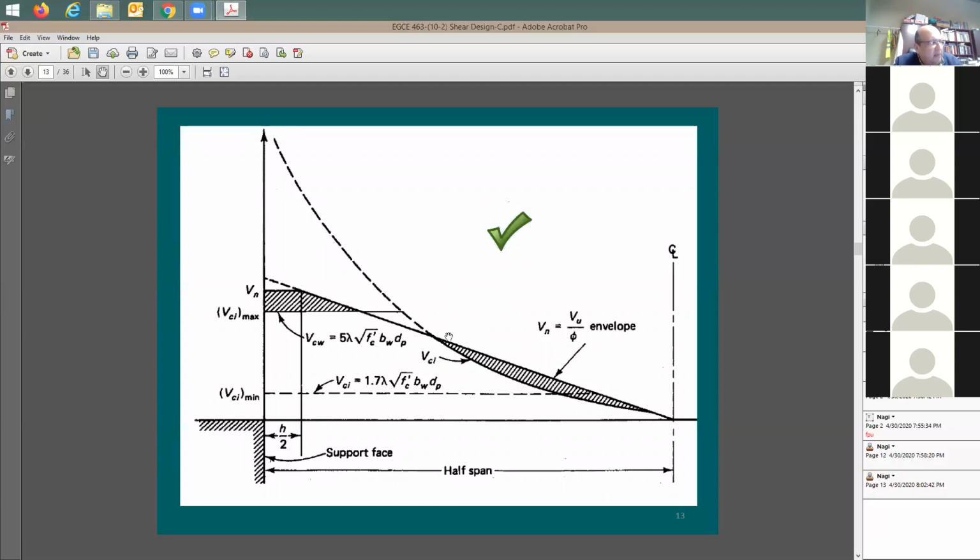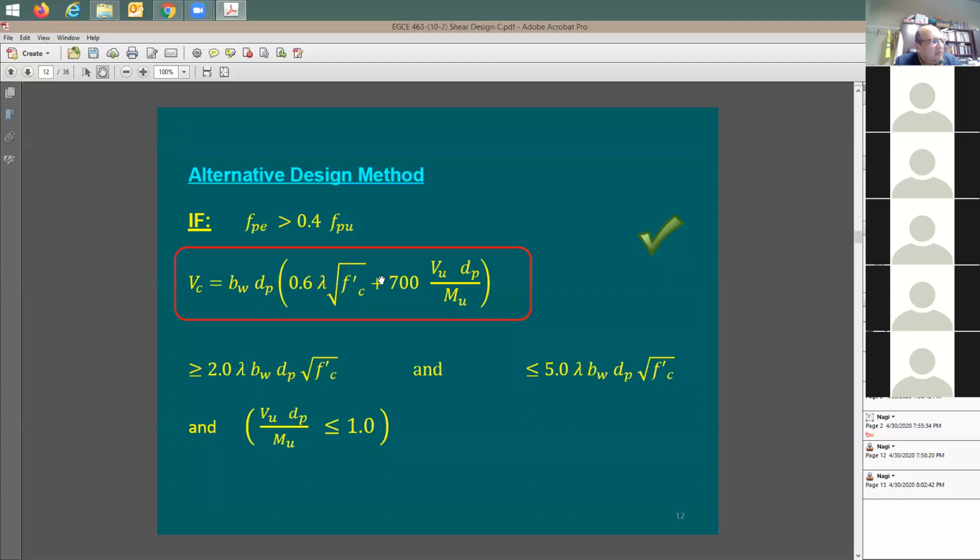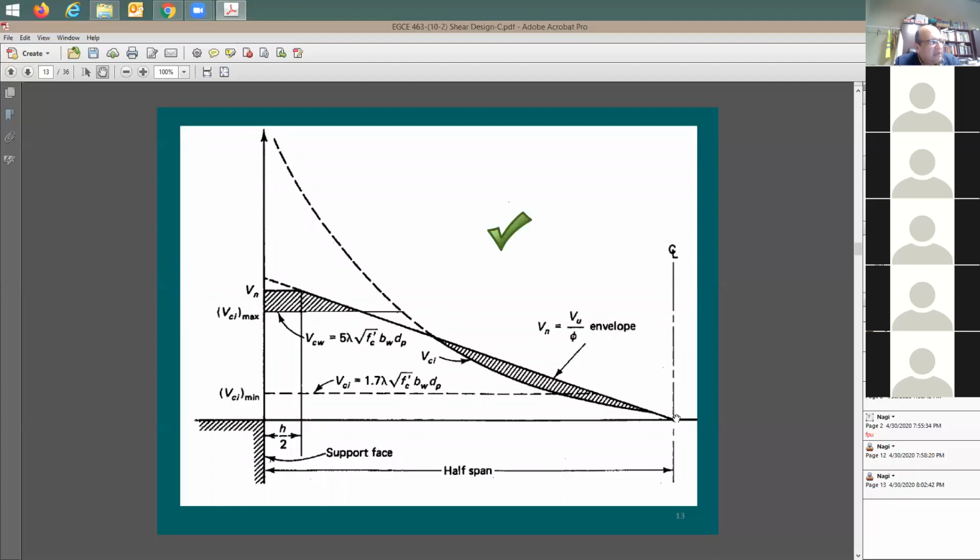Let's give you the shear diagram, which is a straight line. And this gives you the concrete strength based on the equation. So this equation here is going to give you this curve. If you need more steel, of course, you add more steel. But you have limits. You see this curve here, it has two limits. It goes, it should be this based on testing. It goes from 2, not 1.7, 2 to 5.